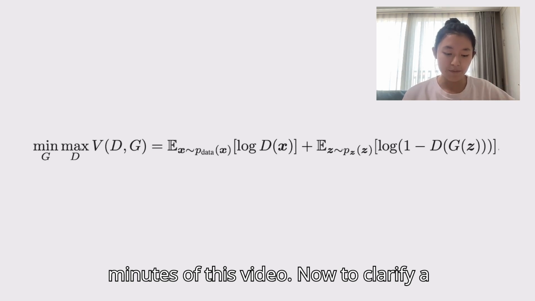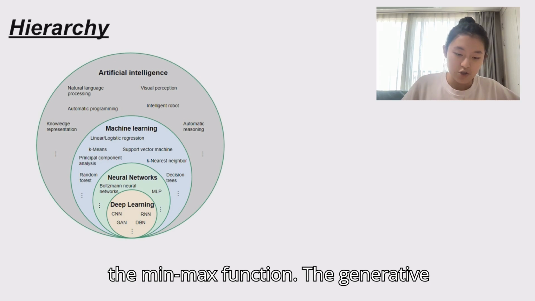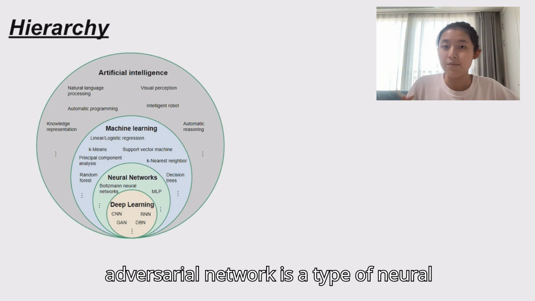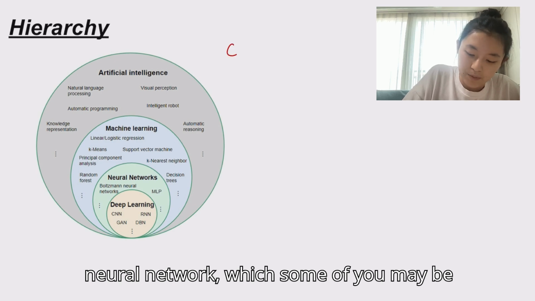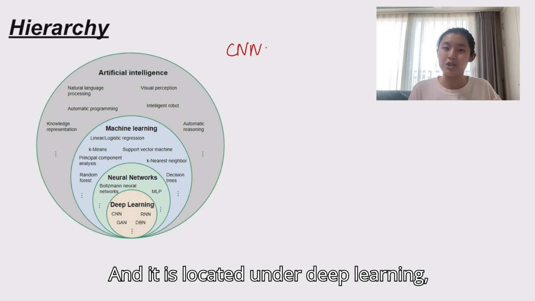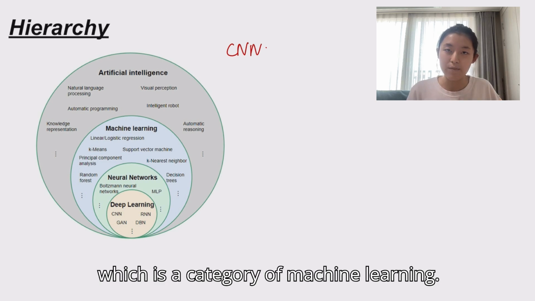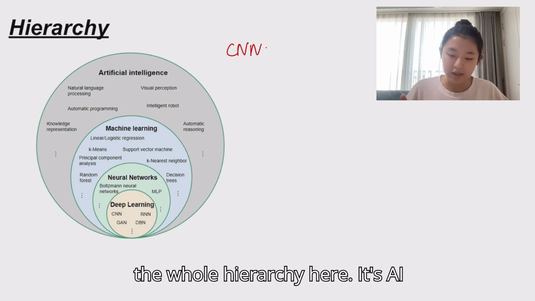Now to clarify a few things prior to the explanation of the min-max function, the generative adversarial network is a type of neural network just like the convolutional neural network, which some of you may be more familiar with, also known as CNN, and it is located under deep learning, which is a category of machine learning. Now, we really need to understand the whole hierarchy here.